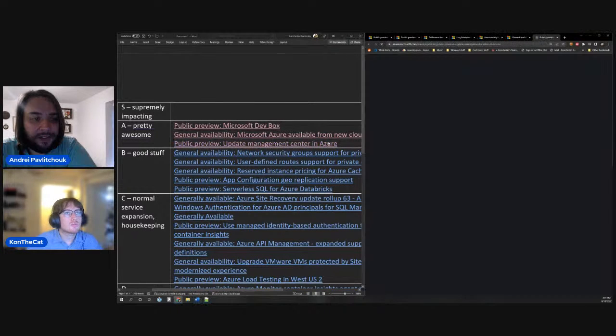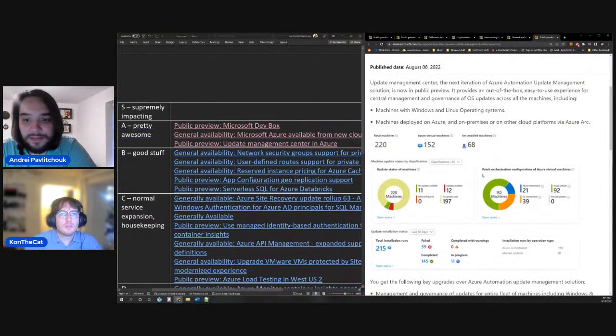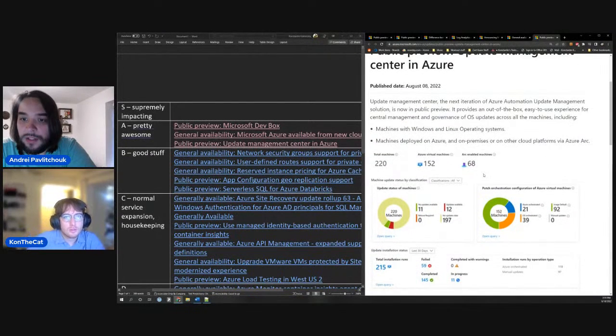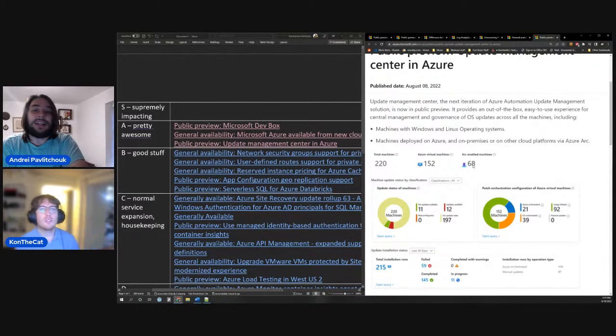Maybe one day soon I'll actually have a use case for this, but update management is getting changed. I've seen this, yes. And they support Arc-enabled machines. Okay. I have some Arc-enabled stuff at home that I can do this with. Game changer.